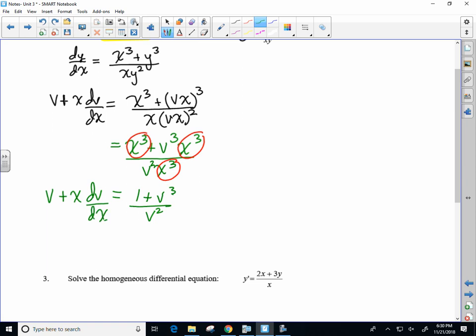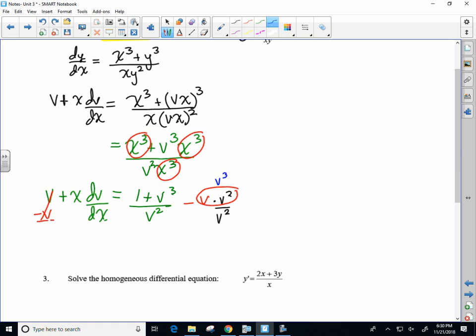All right. So right-hand side is as simple as I can get it. Left-hand side, I've got a little bit more maneuvering to do. I can subtract off the v. And that's the same as saying, if I multiply top and bottom by v squared to get my common denominator, it's the same as saying that we're subtracting off v cubed from the top.